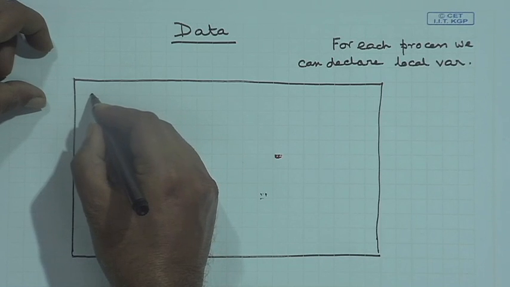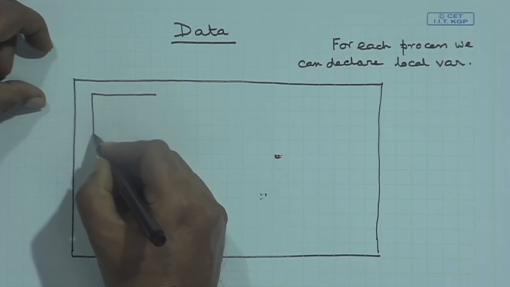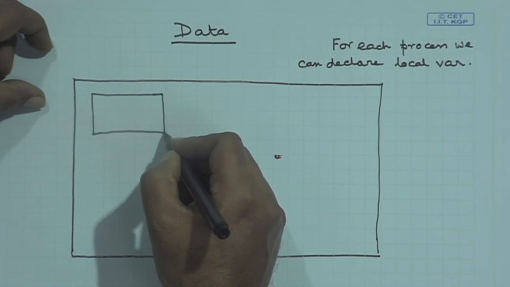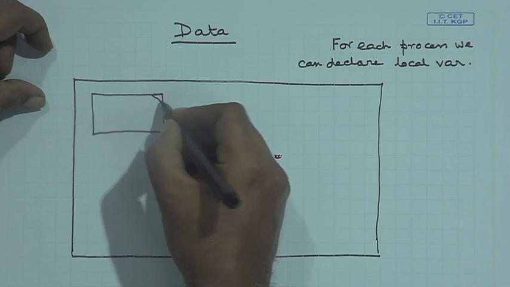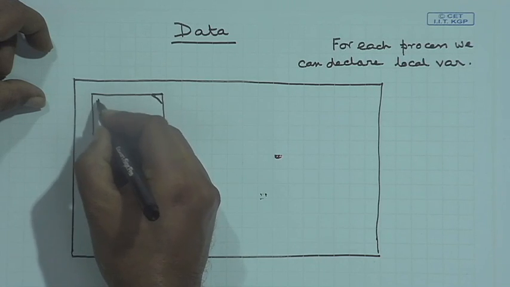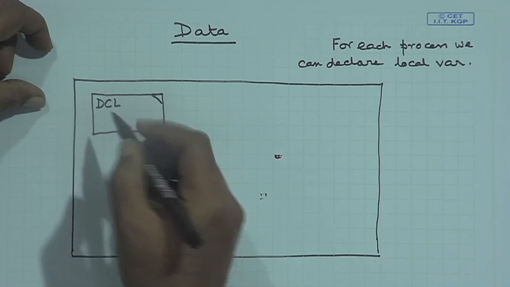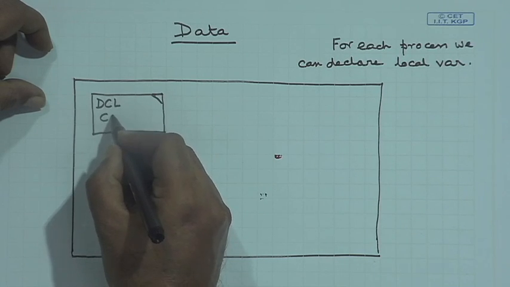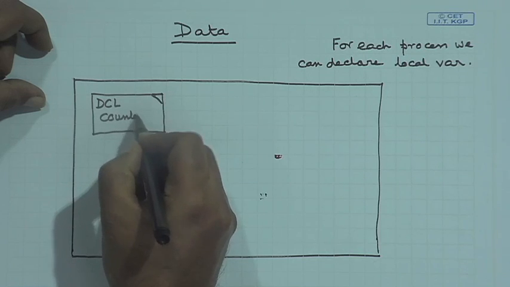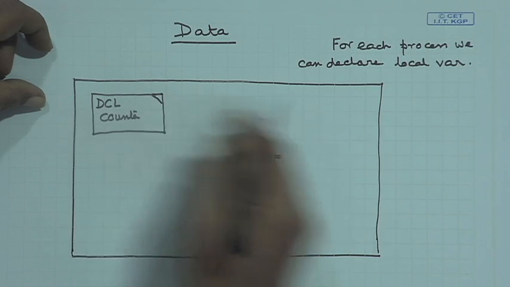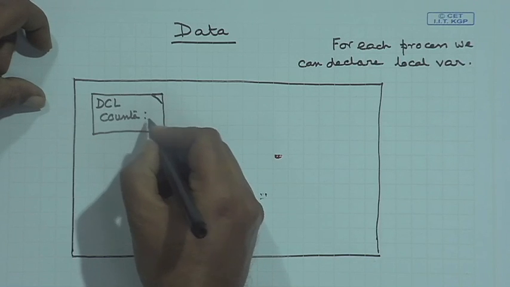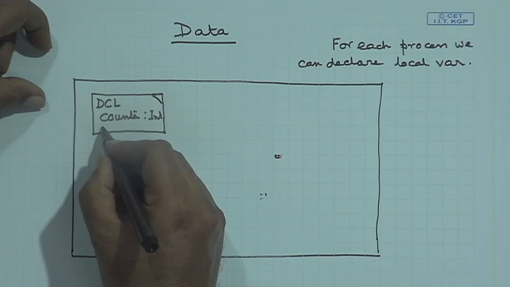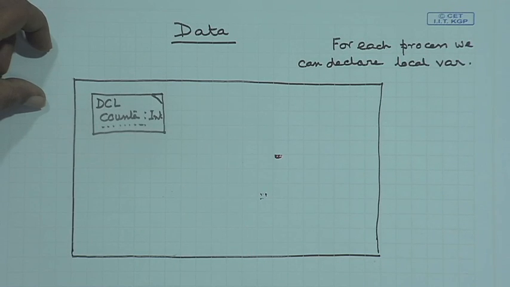Say I can have a block, again graphically, something like this, where we have got the declaration, the space is little less, counter is an integer and maybe other things like date as a string or other declarations here.